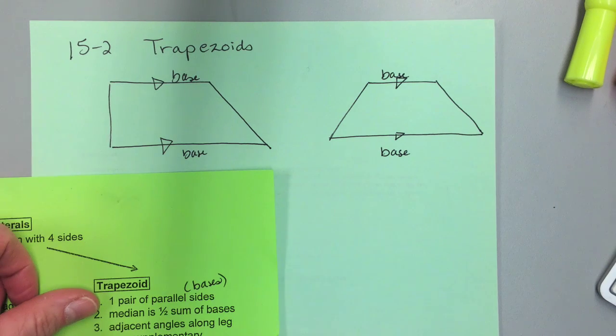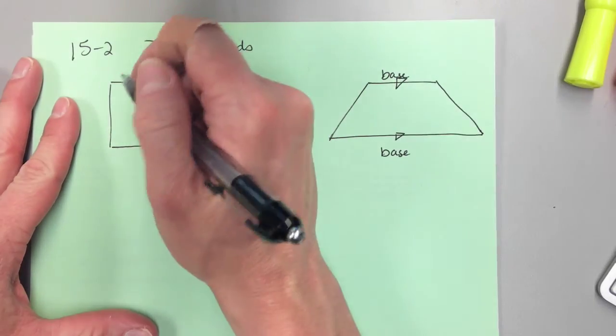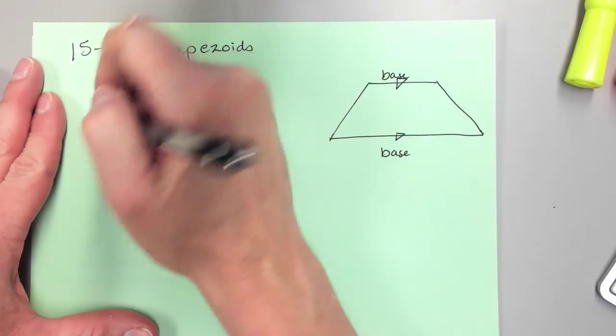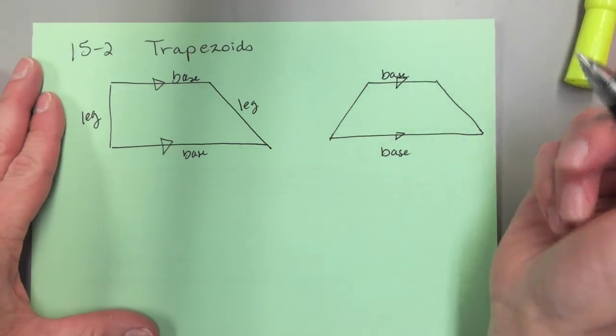And then we have adjacent angles along the leg are supplementary. So I want to walk you guys through what that means. If we're looking at legs, these other two sides are what we call the legs.